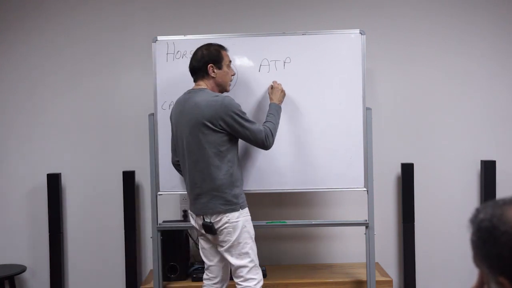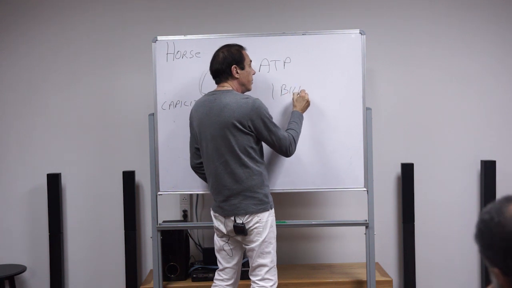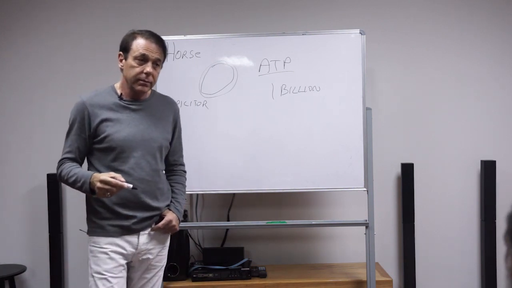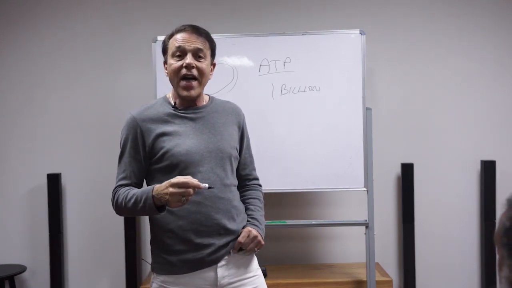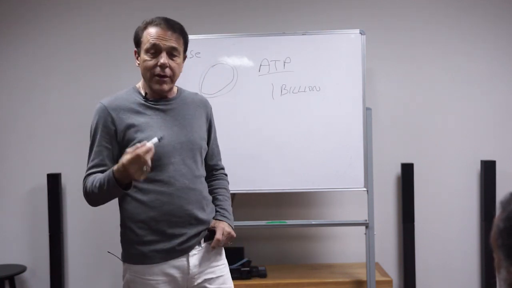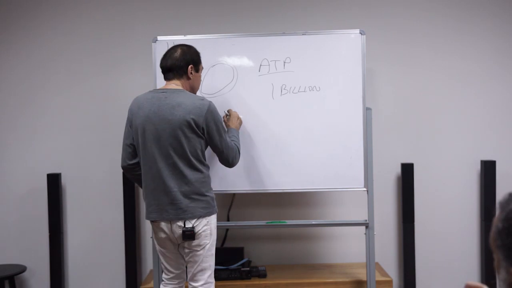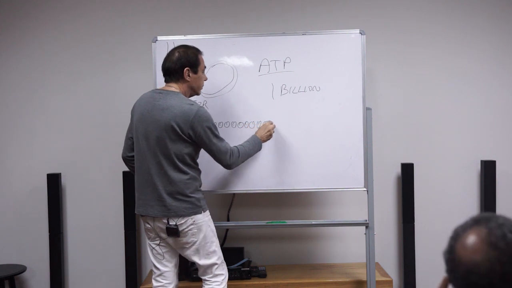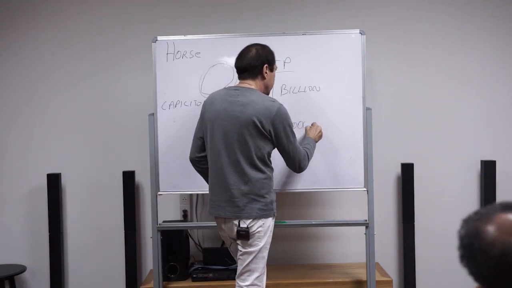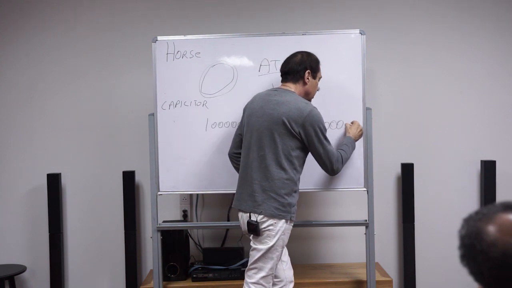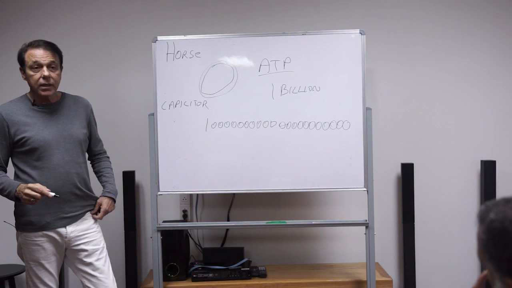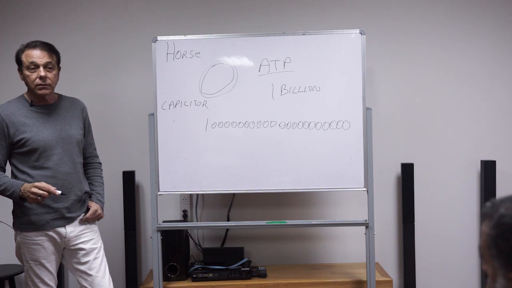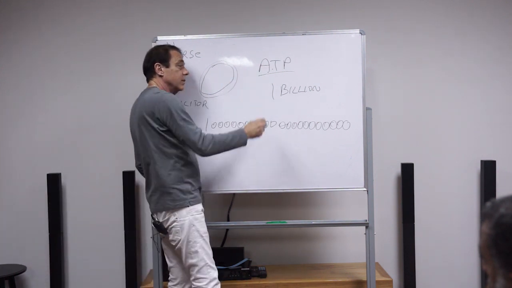Every cell has about 1 billion ATPs all the time, because it has to carry on thousands of reactions every second. That's how many chemical reactions are going on inside the body every second, which requires energy.